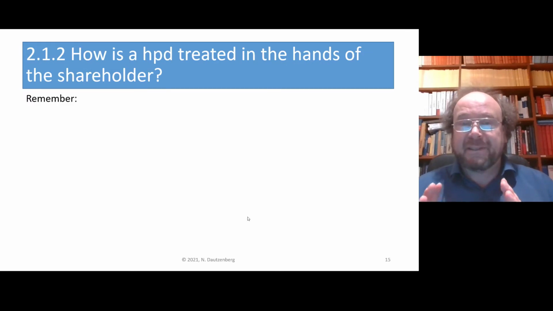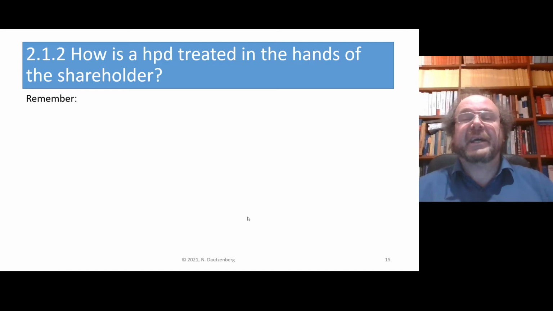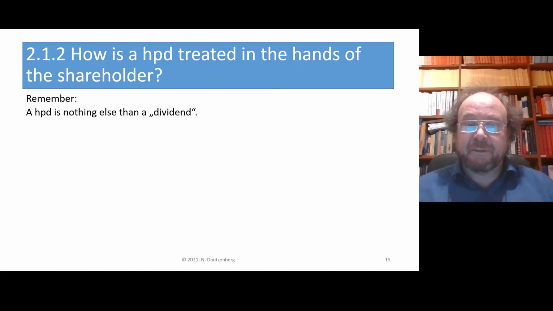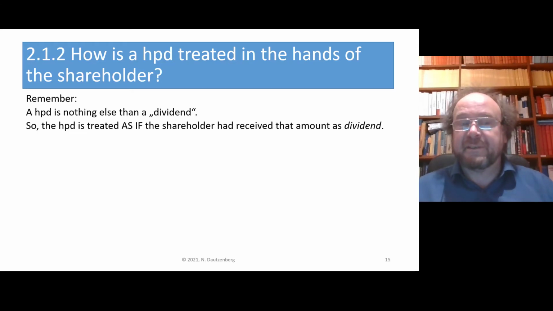Now, how is such a thing treated in the hands of the person who gets it, so in the hands of the shareholder? Here you should remember a hidden profit distribution is a dividend which has been paid undercover. So a hidden profit distribution is a dividend, so it has to be treated like a dividend. If you receive a hidden profit distribution, it's nothing else than if you receive a dividend.